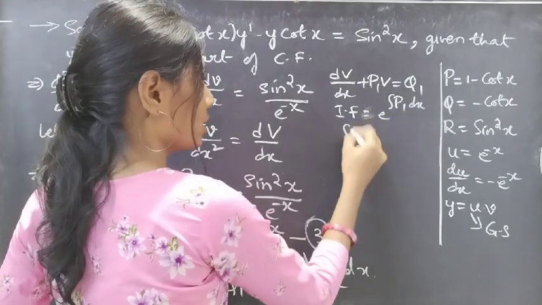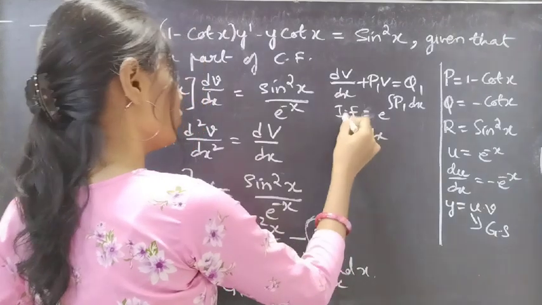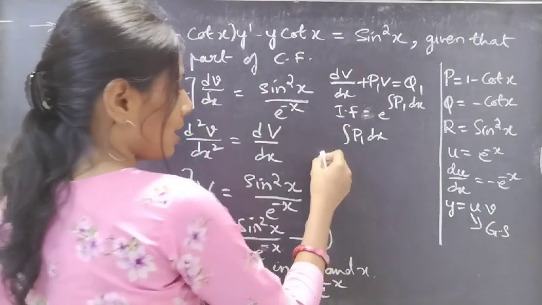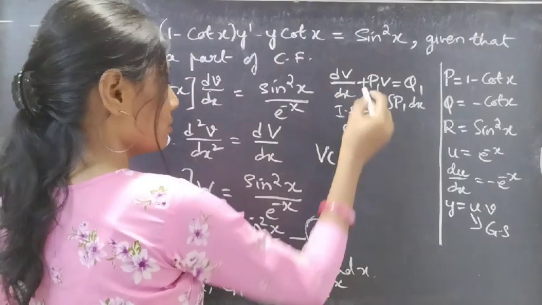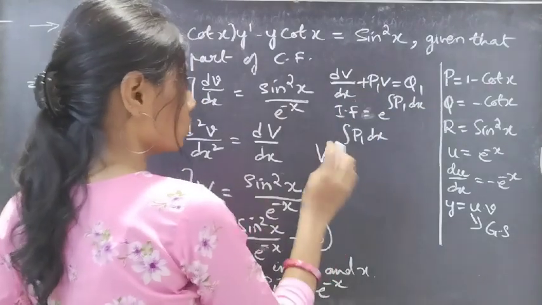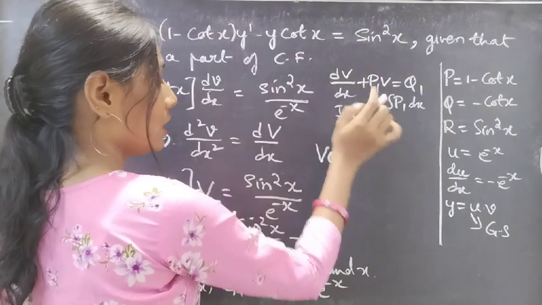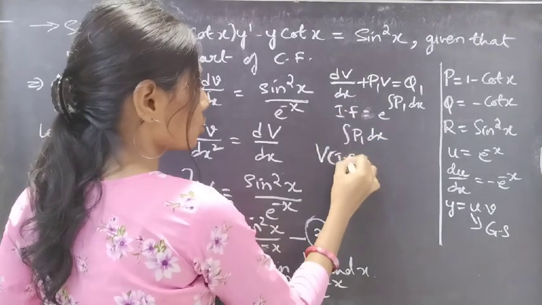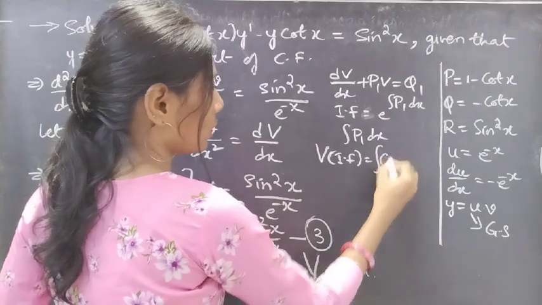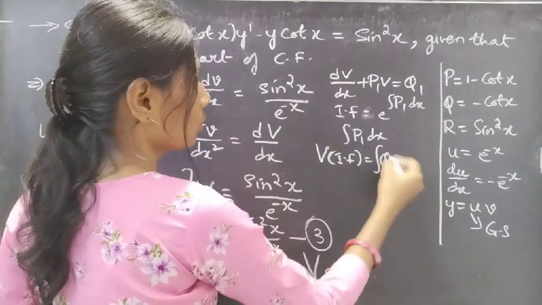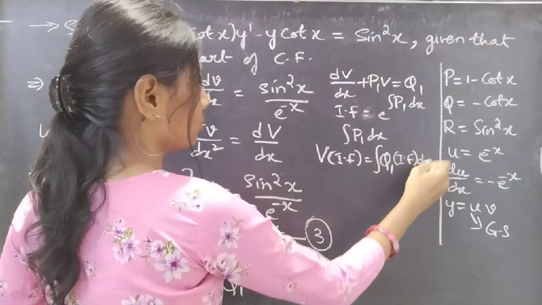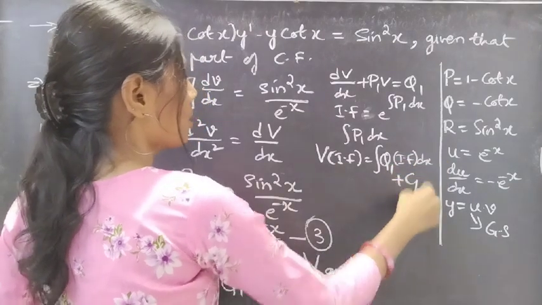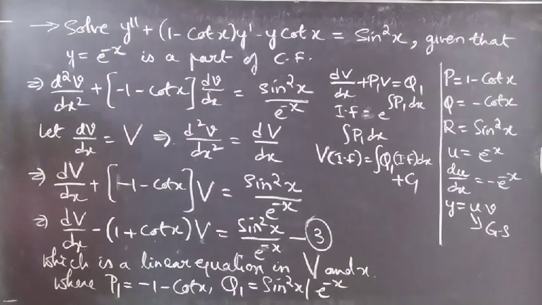So firstly we'll find integral P1 dx and then we'll go for the IF, and then for the general solution. We are going to use the general solution formula of the linear equation: V into IF equal to integral Q1 into IF dx plus integral constant c1.